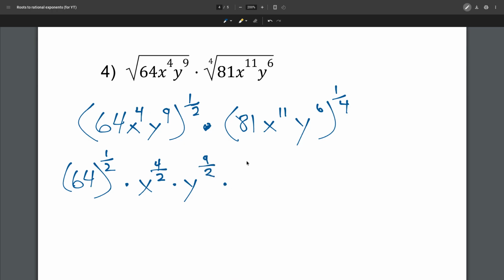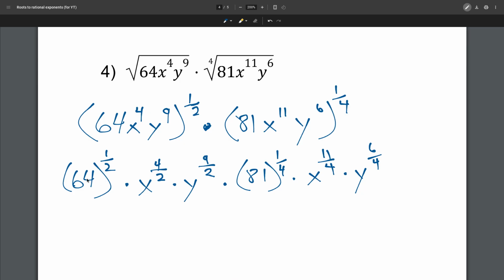Okay, times 81 to the 1/4 power times x to the 11/4 power times y to the 6/4 power.